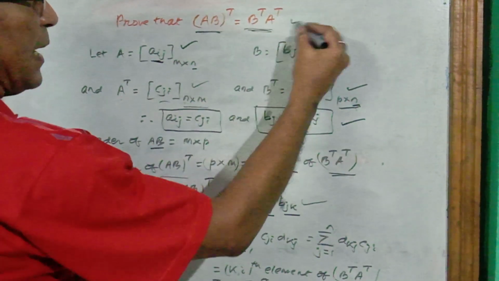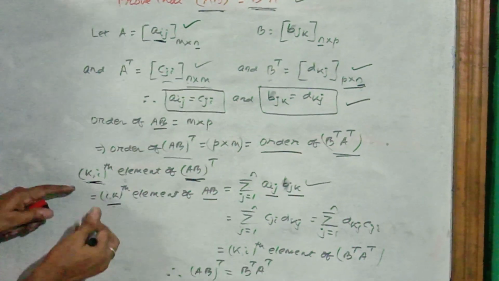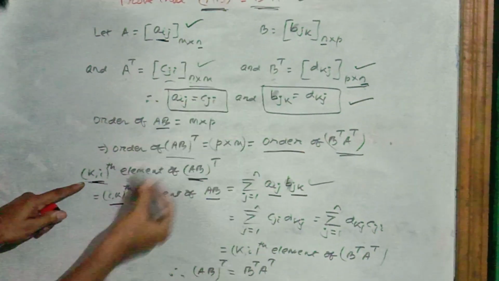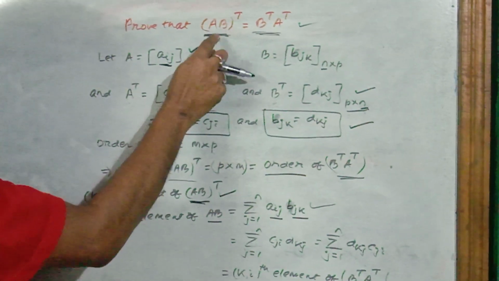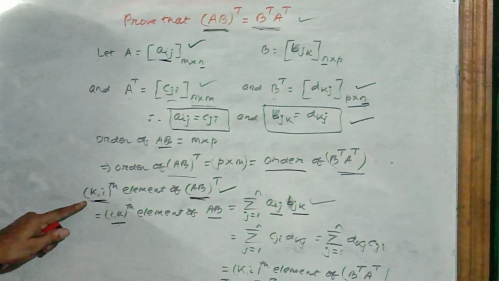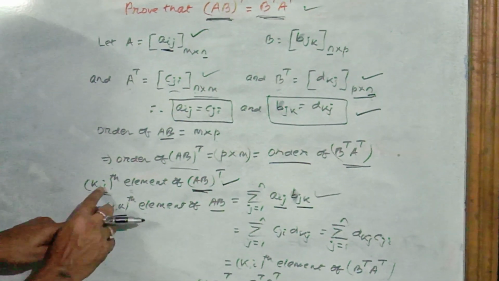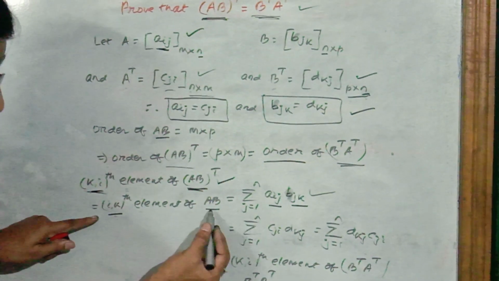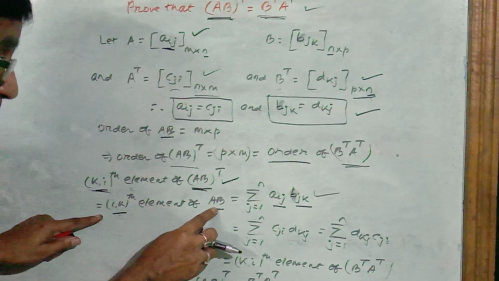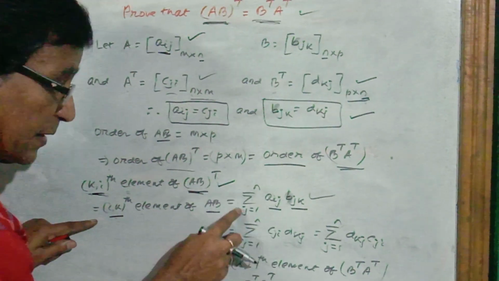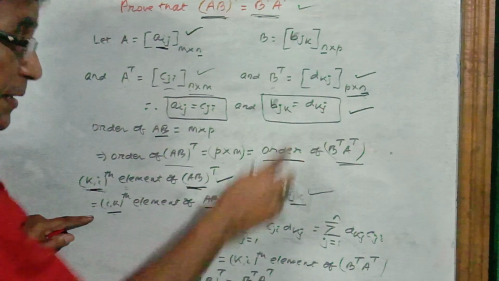Again we have to prove that their corresponding elements are the same. So we take the kith element of the matrix (AB) whole transpose. The kith element of (AB) whole transpose must be equal to the ikth element of AB. So what is the ikth element of AB? By definition, it is the summation, j varies from 1 to n, of Aij into Bjk.